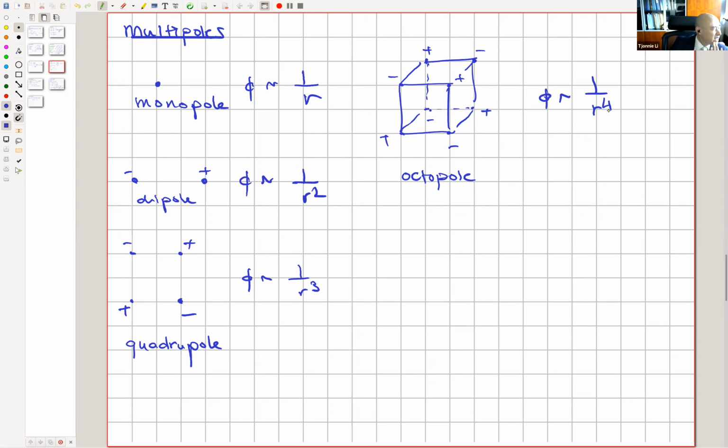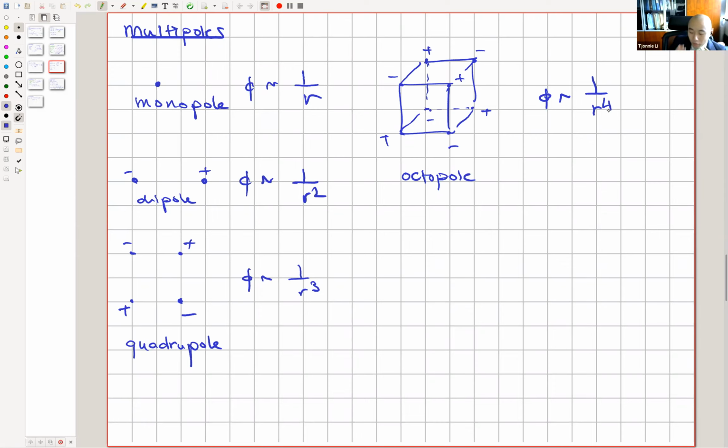That would be a hexadecapole. Anyway, yes, that would be literally 2 octopoles together. And then you can stack 4 of these octopoles, and you can keep going like that.